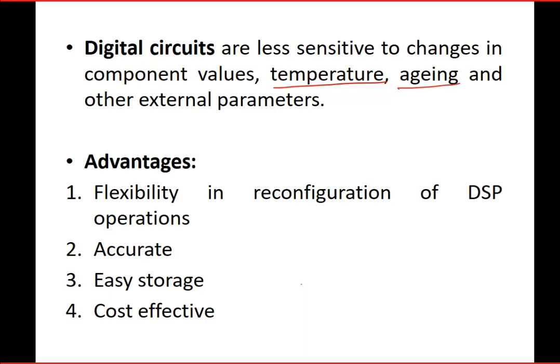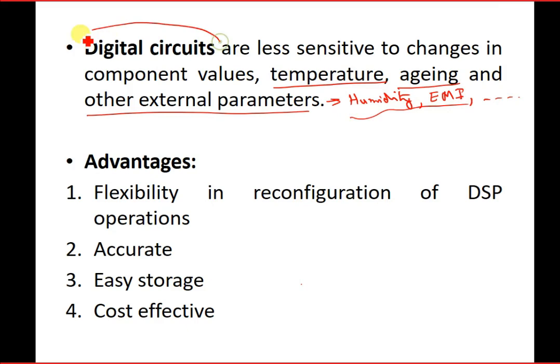And there are other external parameters like humidity. There might be a power line going across your device, which will create electromagnetic interference, so the output of the analog signal processor may change, and there are many other things. So these external parameters will affect the performance of your analog system.